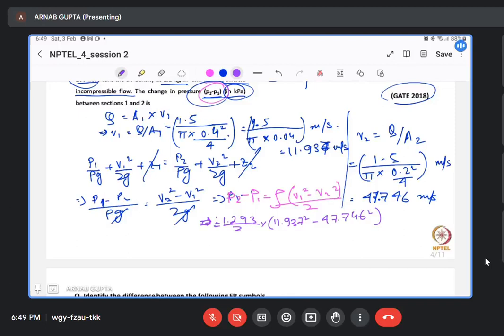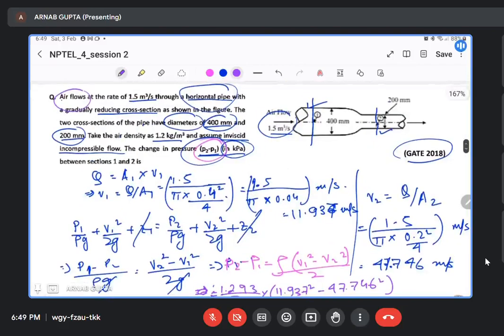You will get approximately minus 1382 Pascal. So in kilopascals, it will be minus 1.382 kPa. So this minus sign is important because the question has asked P2 minus P1.